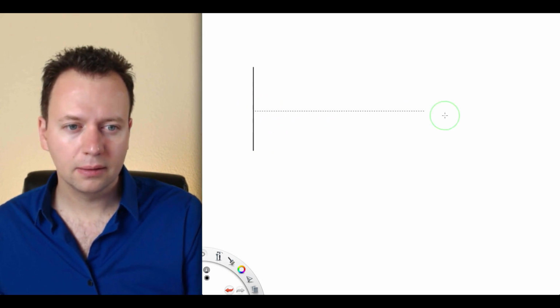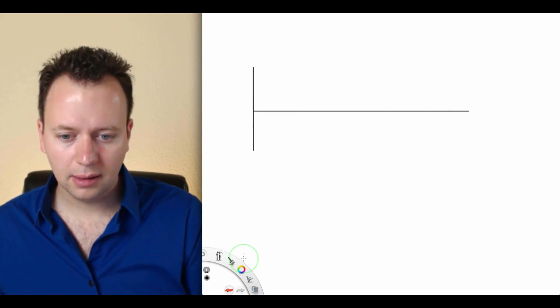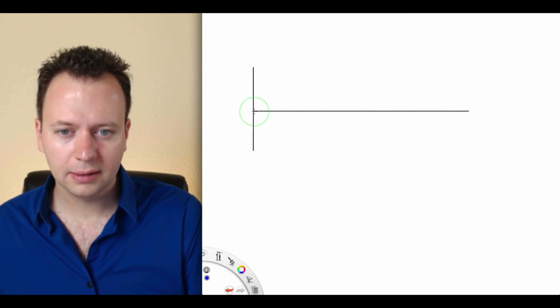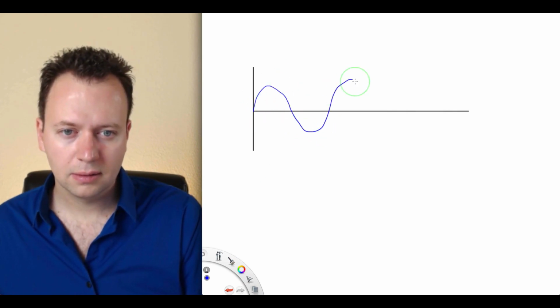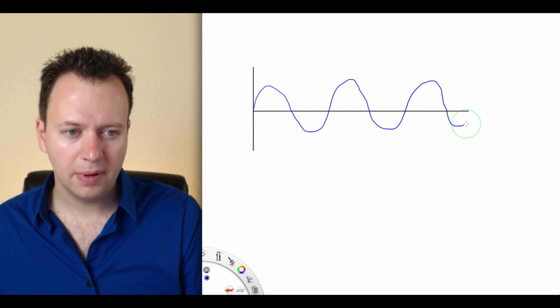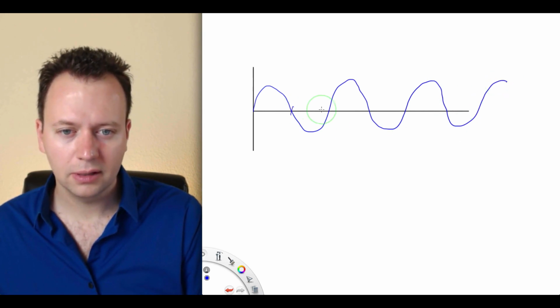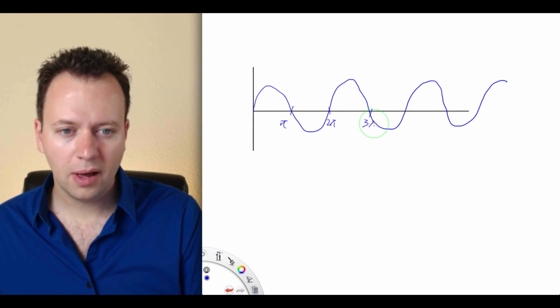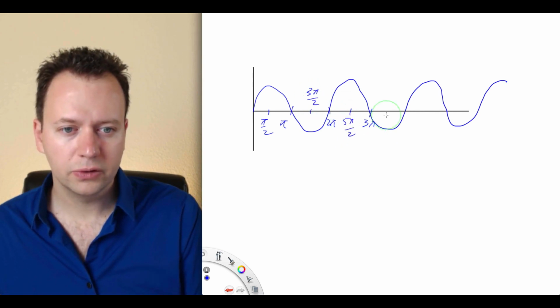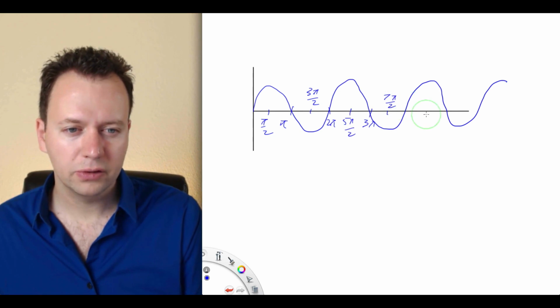So recall what sine of x looks like. Let's draw it. Not bad. And then continue. So here's pi, 2 pi, 3 pi, and then this is going to be pi over 2, 3 pi over 2, 5 pi over 2, 7 pi over 2, 9 pi over 2, and so forth.